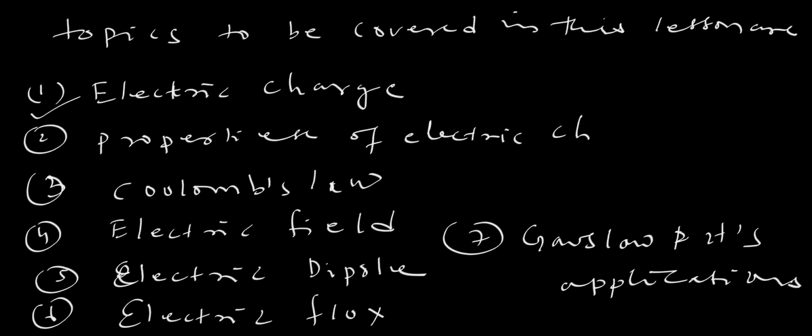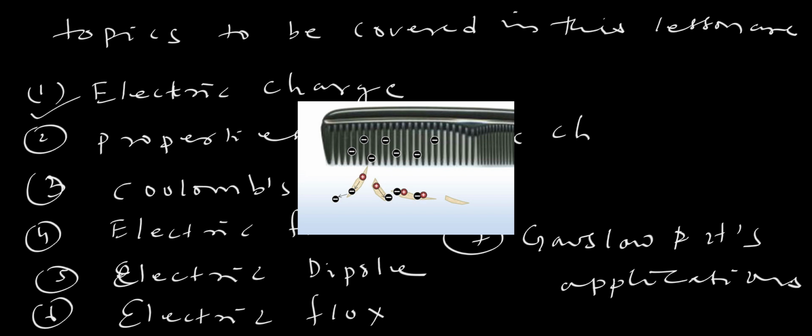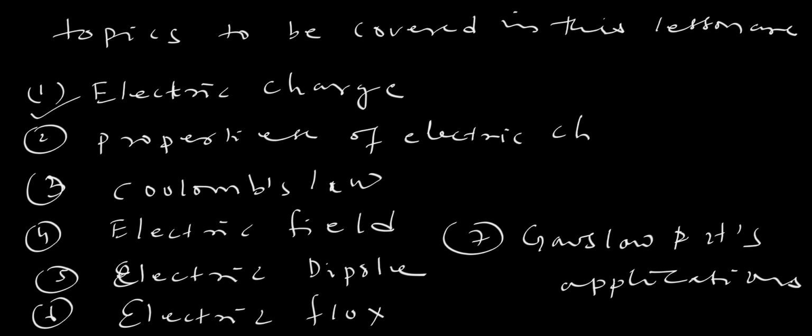That phenomenon also happens because the comb got electrical charge when you combed your hair. You rubbed it with your hair and due to friction a static charge developed on your hair, or when a comb repeatedly moves through your hair. These are certain very famous examples of electric charge, and also very common examples we generally come across in daily life.